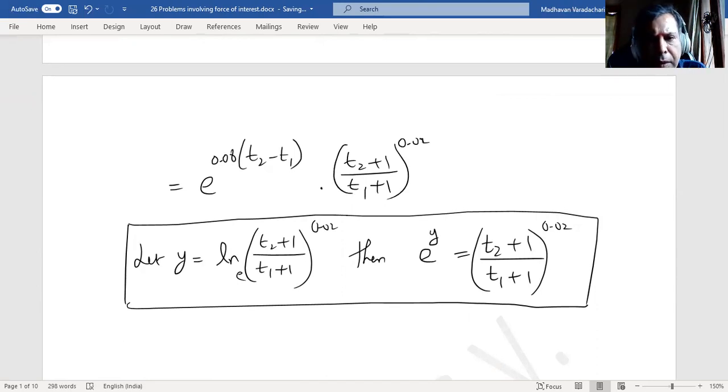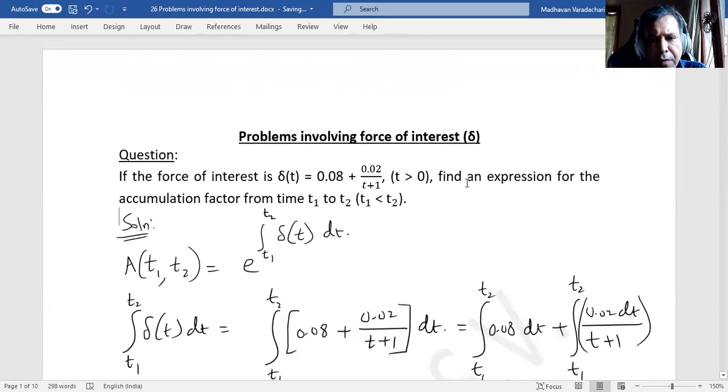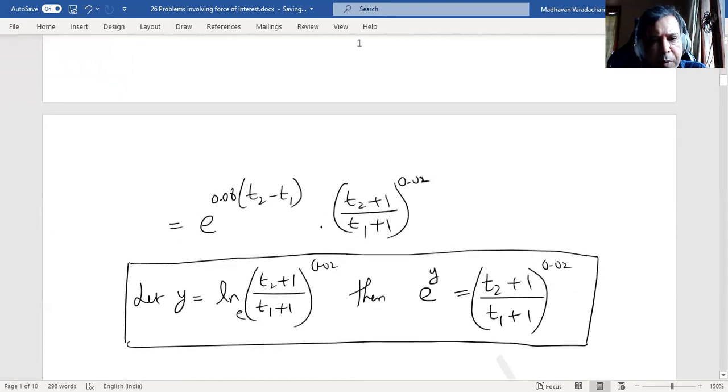That is the result. The question asks us to find an expression for the accumulation factor, and we have created the expression. So that's the solution for this problem.